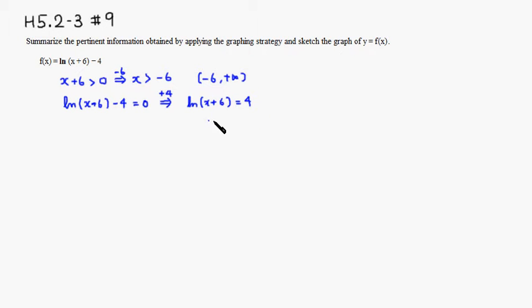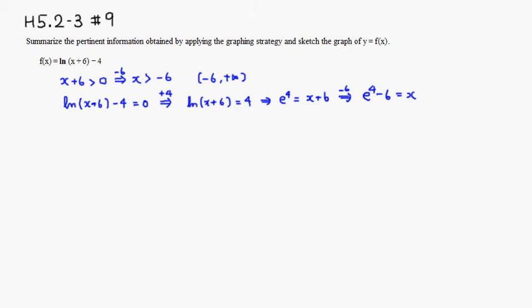Natural log takes x plus 6 to 4, so the exponential function takes 4 back to x plus 6. Subtract 6 from both sides, so you have e to the 4th minus 6 is equal to x.